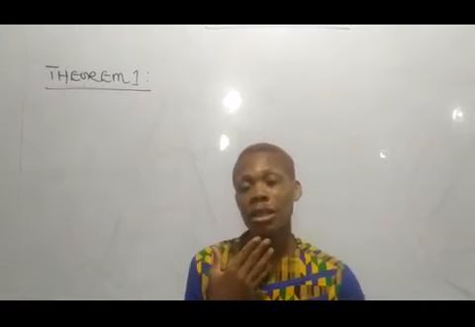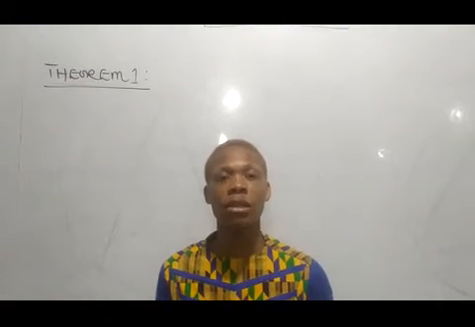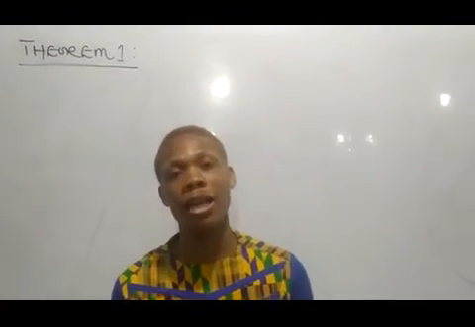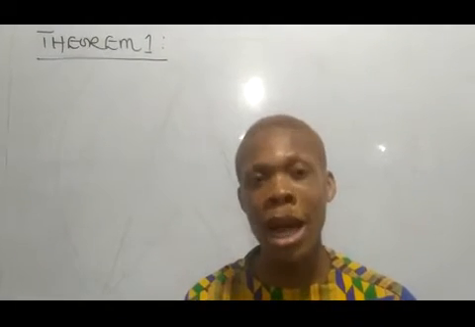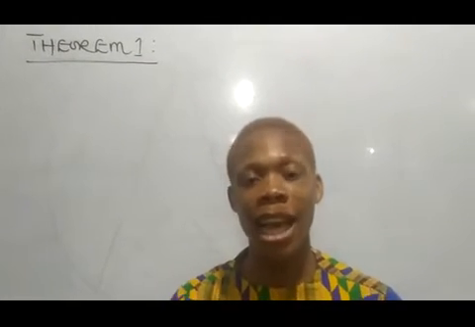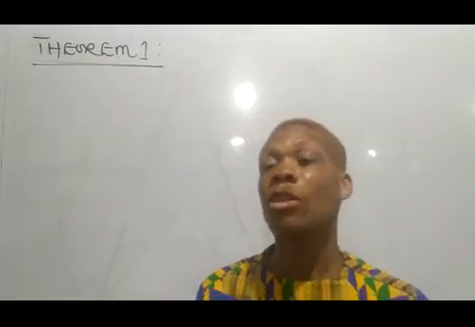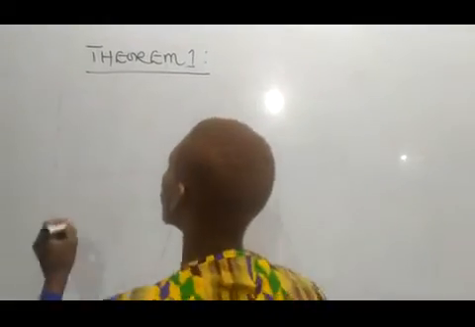Now, theorem 1 says the angle a chord or an arc subtends at the center is twice the angle it subtends at the circumference. So let me write that on the board for you.